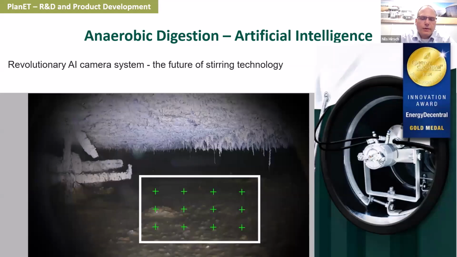So basically, a camera is monitoring what's happening inside the digester to detect problems early on, right? Formation of floating layers or foaming events, and then to automatically activate countermeasures. It makes the operation safer, aims to make the operation easier, and as a frosting on the cake, in most cases, it will reduce the energy consumption as well.